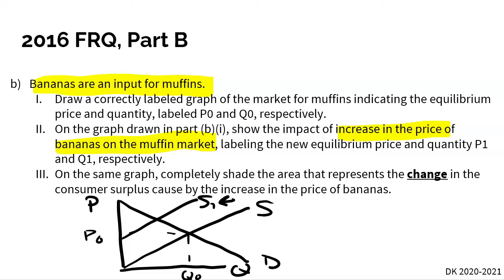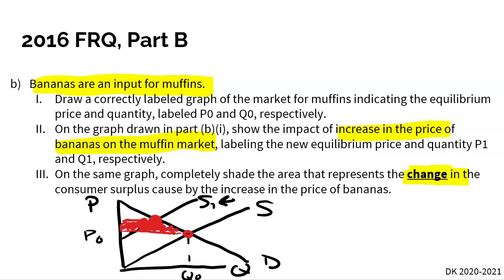Well, 3. On the same graph, completely shade in the area that represents the change, and this is important, the change in the consumer surplus caused by the increase of the price of bananas. What you should shade in is the difference in between the two equilibriums, the new equilibrium here and the old equilibrium here. The change is in between there.